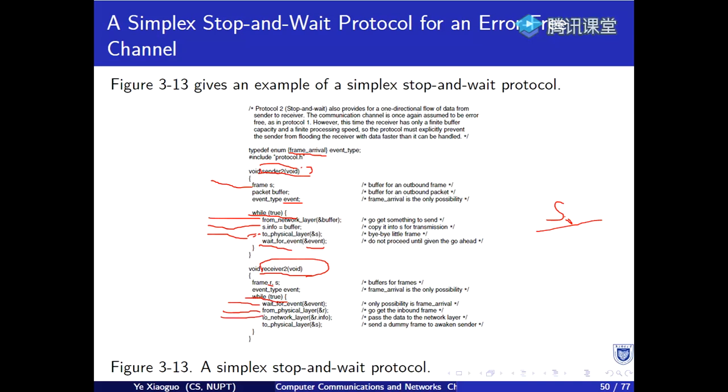Then the next sentence, to network layer, means the data link layer gets the packet from the payload of the frame R and delivers the packet to the network layer.